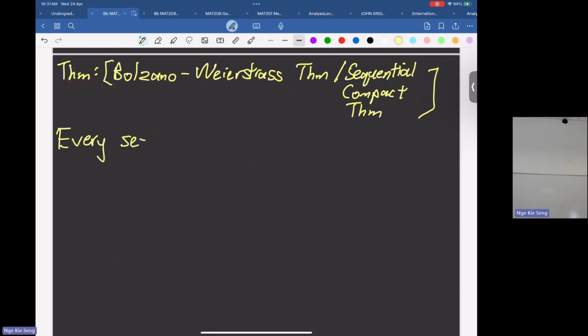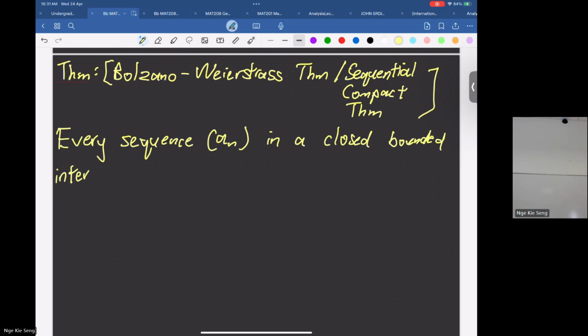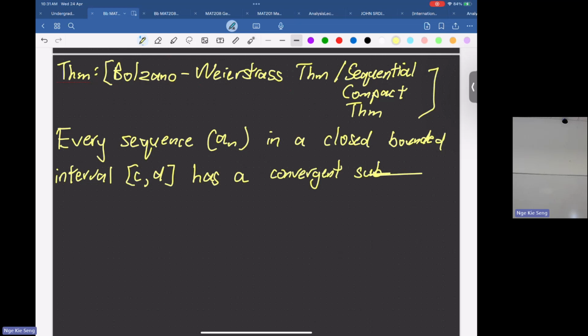This theorem says that every sequence (a_n) in a closed, bounded interval [c,d] has a convergent subsequence (b_n).